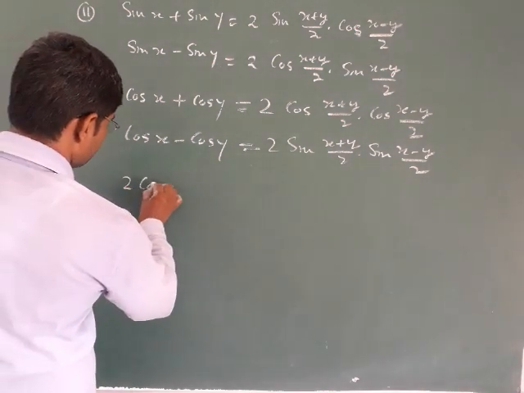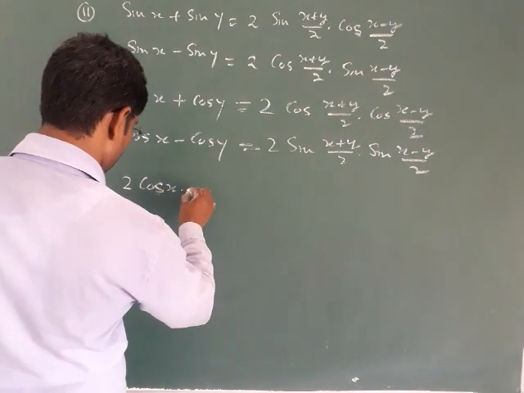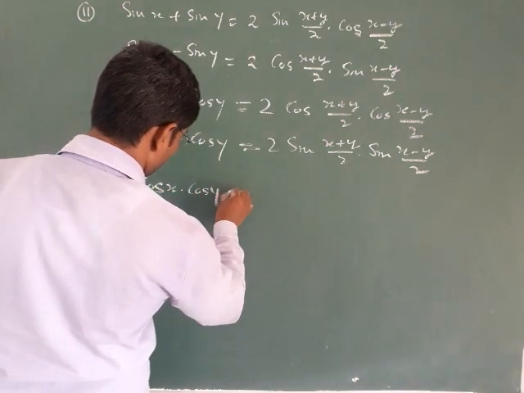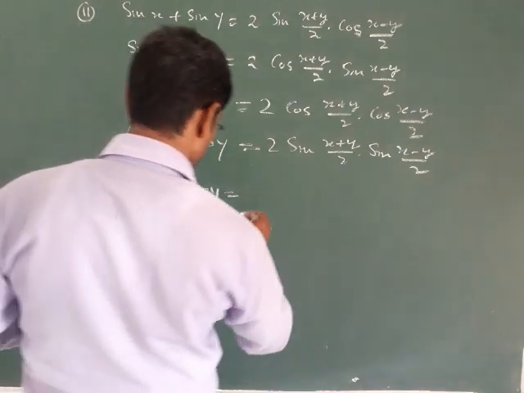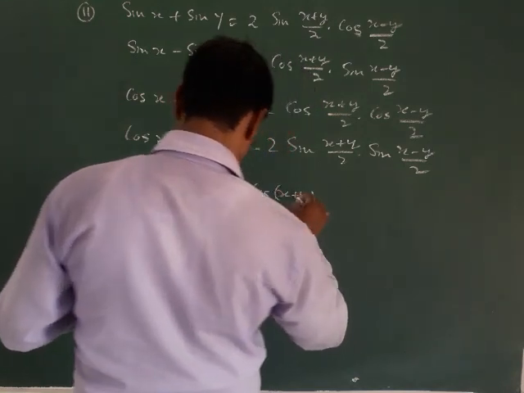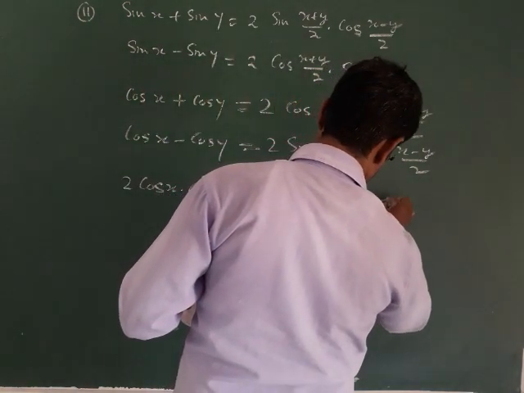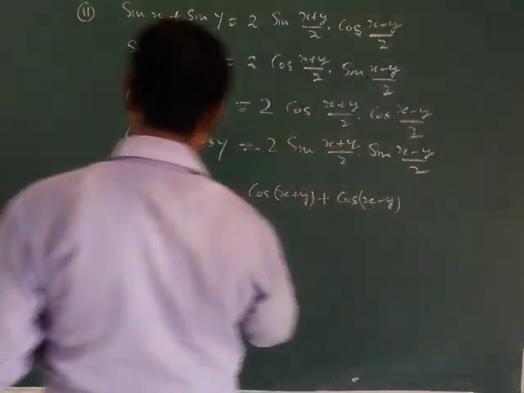2 cos x cos y is equal to cos(x plus y) plus cos(x minus y).